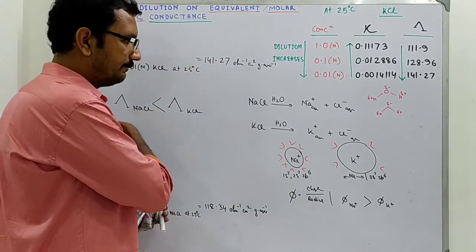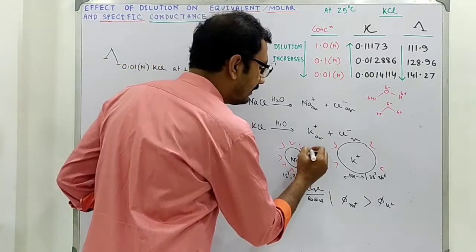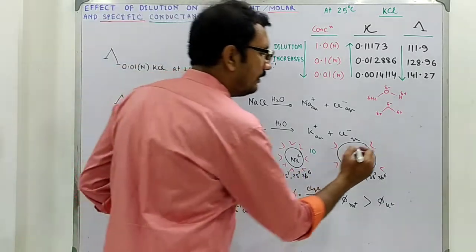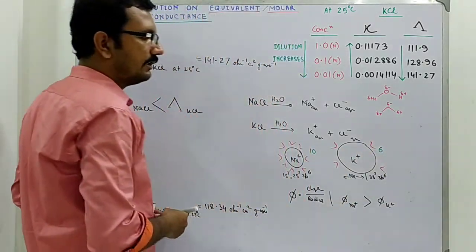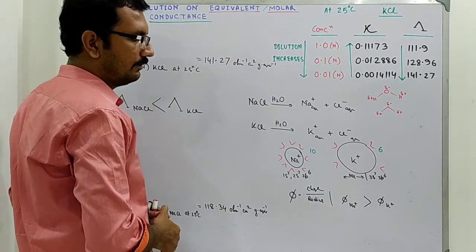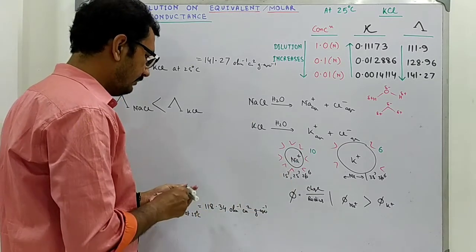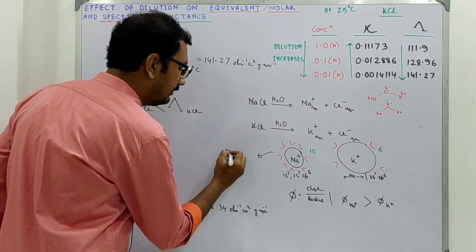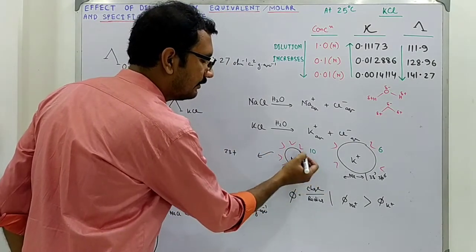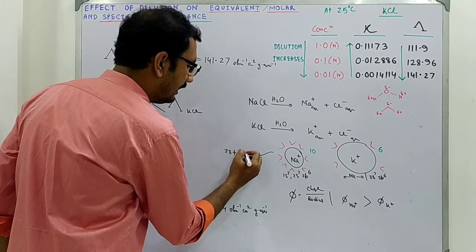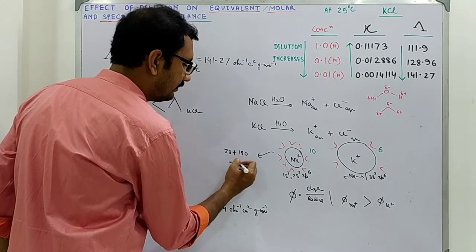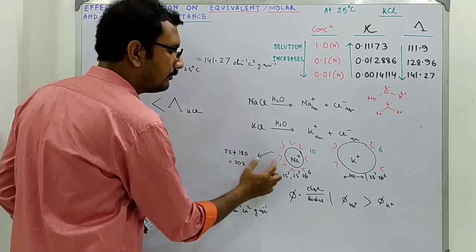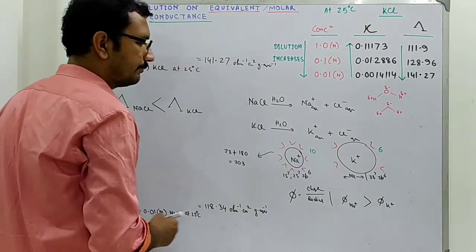For example, let us take here 10 molecules have adhered to the sodium plus ion, and here 6 molecules of water have adhered to the potassium plus ion. Now, what will be the mass after hydration? So, for sodium plus it is 23 plus 10 into 18 per molecule, so it will be 180. So, it is 203. It is the net molecular mass of this hydrated sodium plus ion.